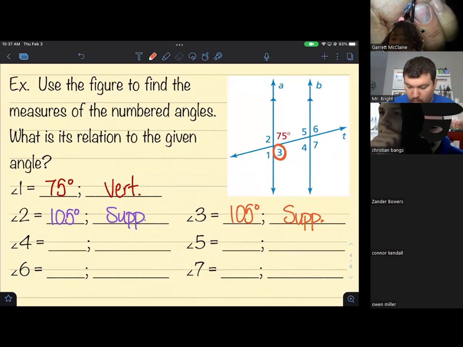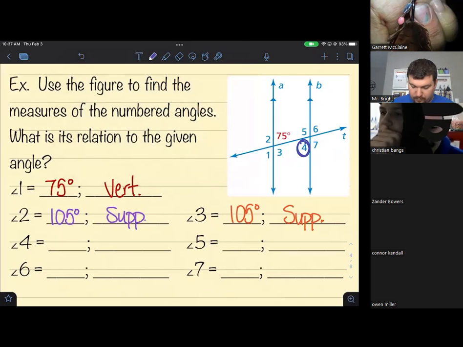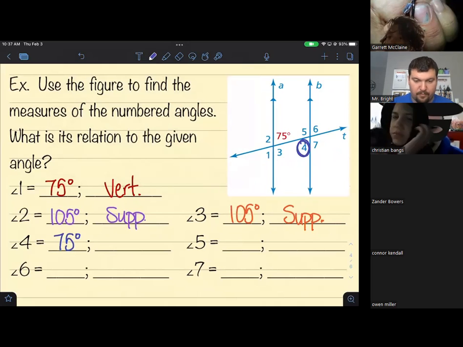What about angle 4? Lizzie, can you tell me about angle 4? What would it be? It's not 105. It's 75. Can you tell me why it's 75 other than just saying it's congruent? What makes it congruent to the given angle? Is it vertical, corresponding, alternate interior, or alternate exterior? Vertical.